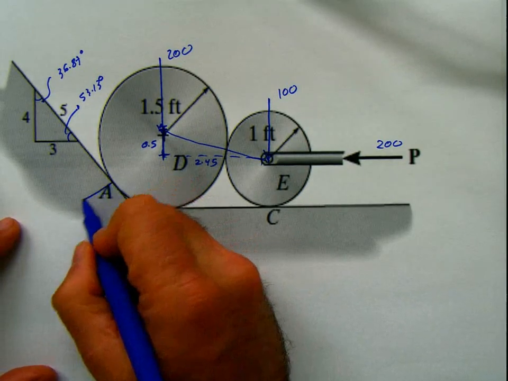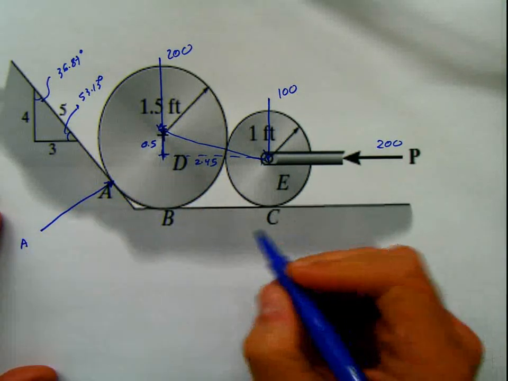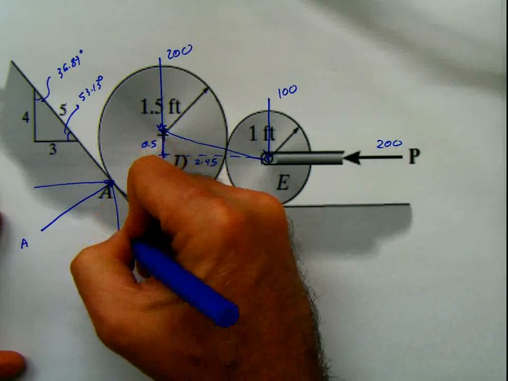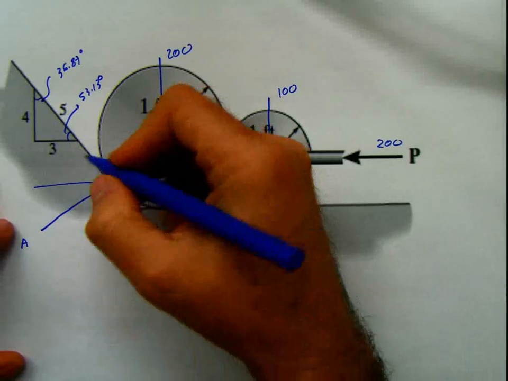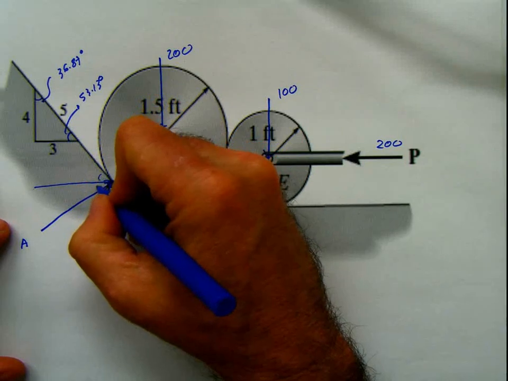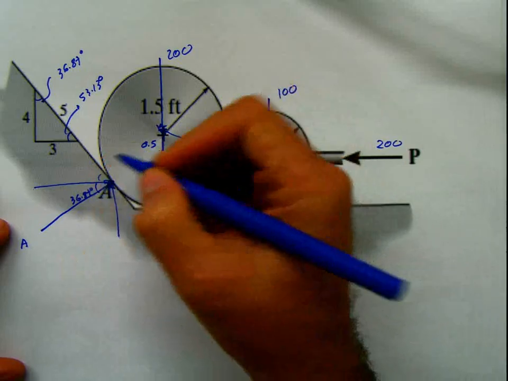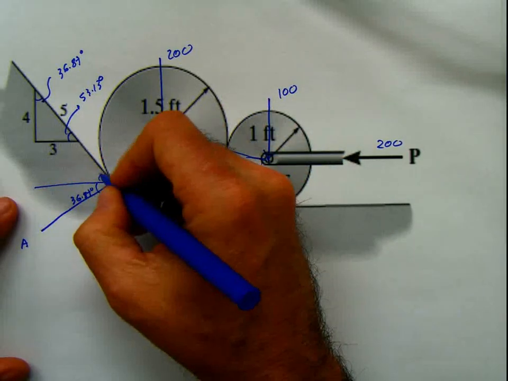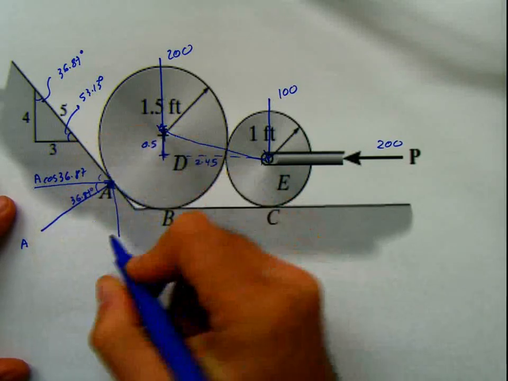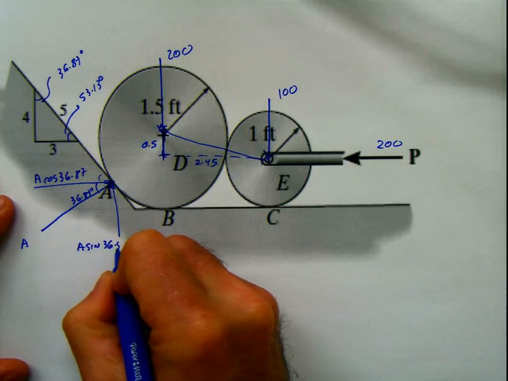We have the force here, A, and if we check for the components of the force, once again, I know this angle here is 53, meaning this angle here is 36.87. And the horizontal component then is going to be A cosine 36.87, and the vertical component is going to be A sine 36.87 degrees.